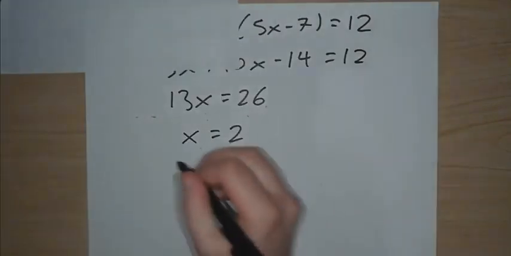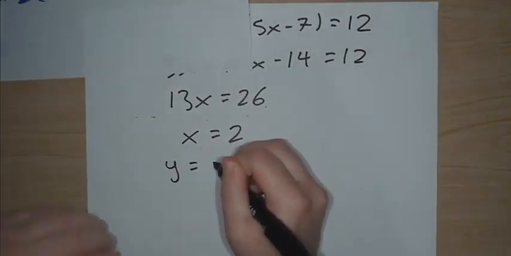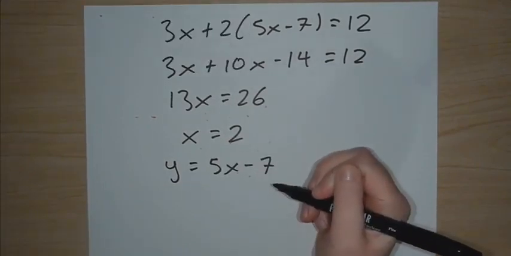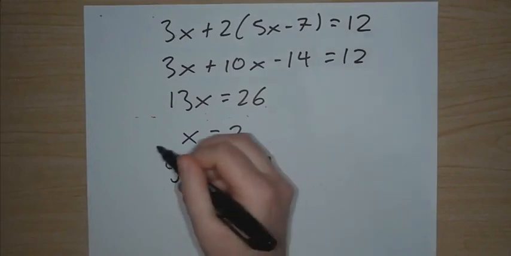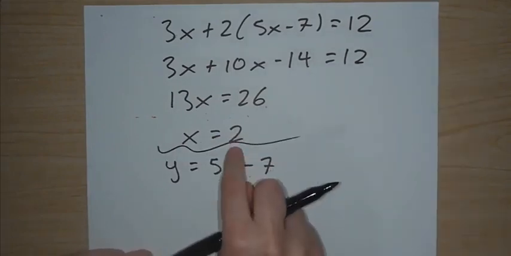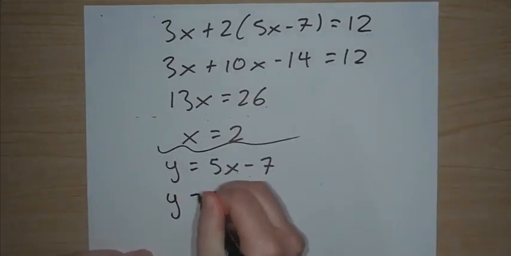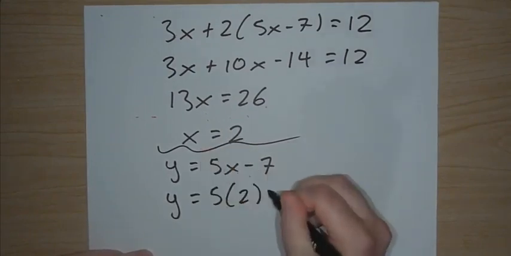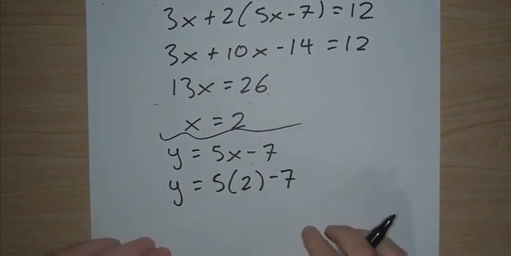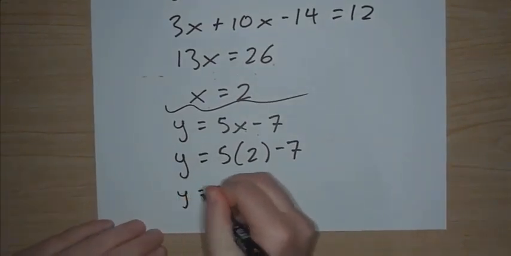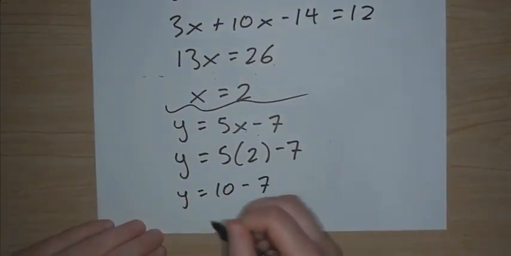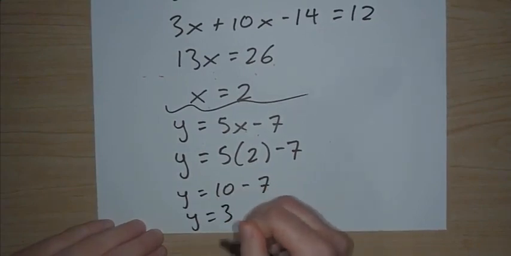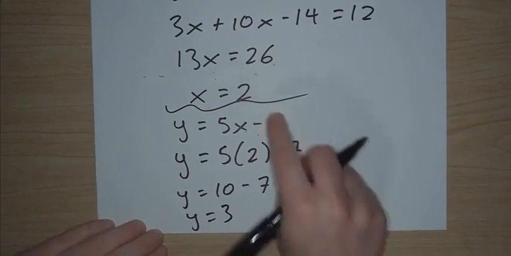So we had y is equal to 5x minus 7 from before when we solved the first equation for y. So we're going to use this x is equal to 2. So we have y is equal to 5 times 2 minus 7. So y is equal to 10 minus 7, which is 3. So we have y is equal to 3 and x is equal to 2.